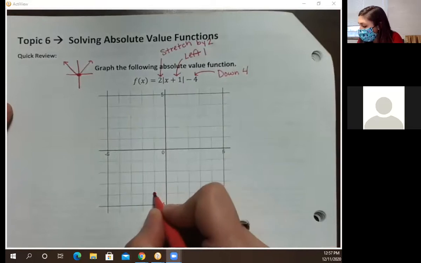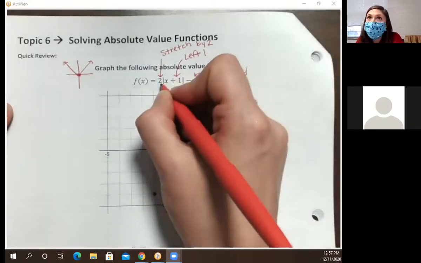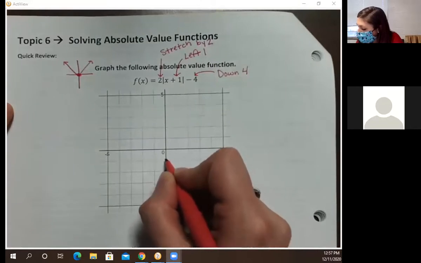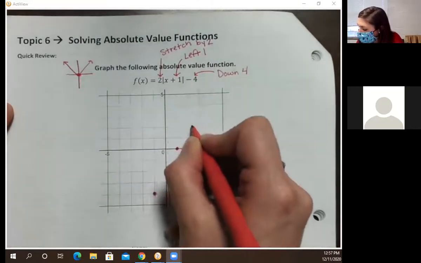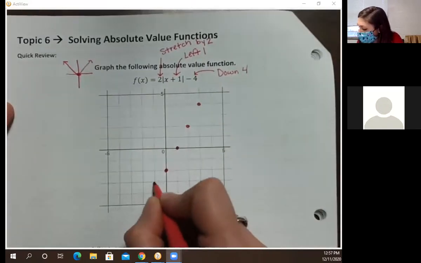And then normally for an absolute value graph, we would go up 1 and over 1 for those points along the side. But since we're stretching by a factor of 2, that means we're going to go up 2 and over 1. Up 2 and over 1. And then we'll do the same thing on the other side.